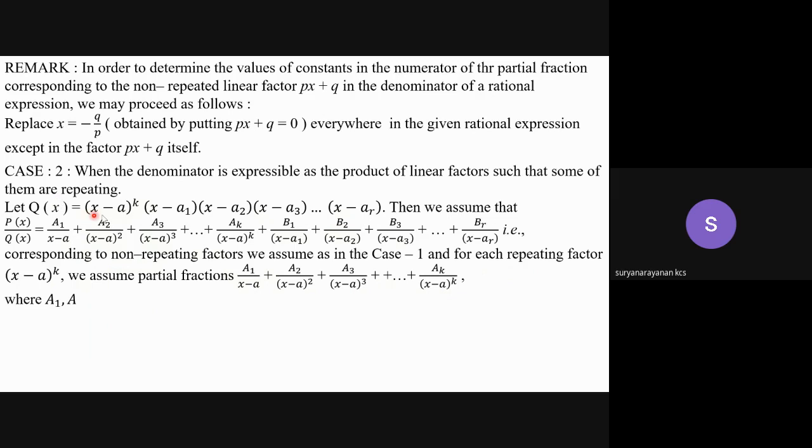Since this linear factor is repeated k times, we wrote k partial fractions like this by increasing the power of the linear factor: square, whole cube and so on, where a1, a2, a3 and so on and b1, b2, b3 and so on, they are also constants. Okay, this is the second type of problems.